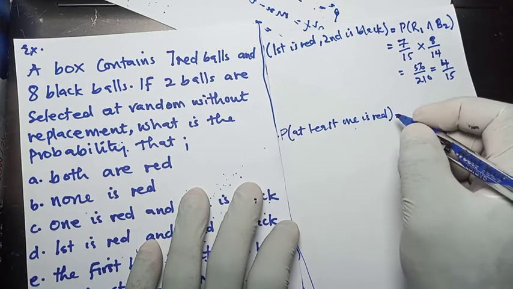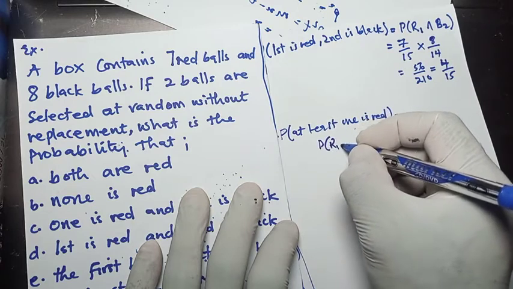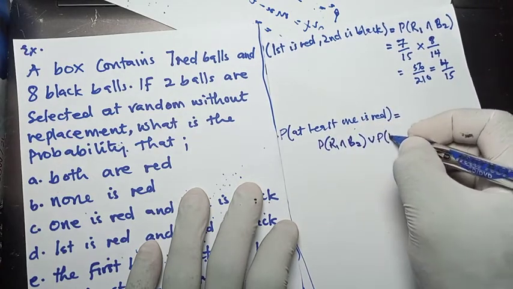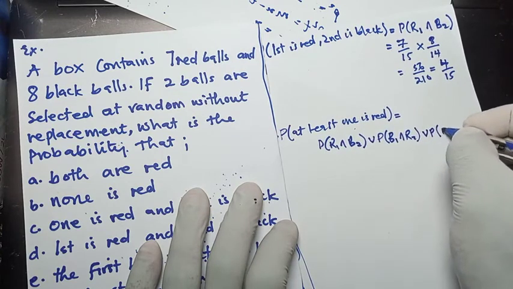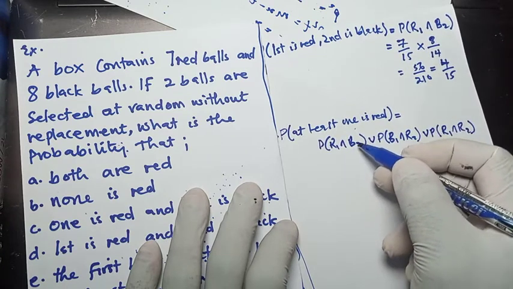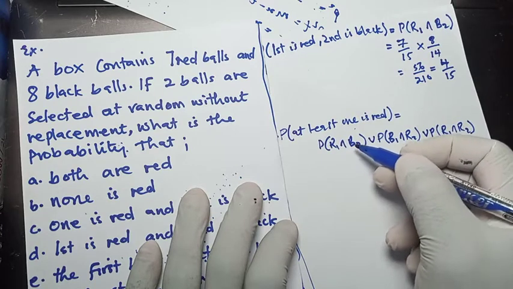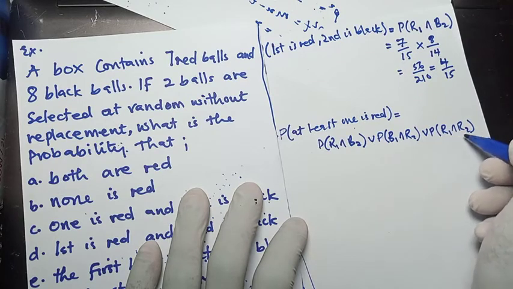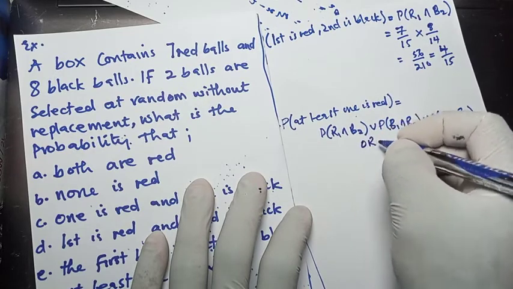So that will be the probability that we have red first and black second, or black first and red second, or both are red. So you can see that for each section or bracket, we have at least 1 red there. So here we have 1 red, here too we have 1 red, and here we have what? More, which is 2.